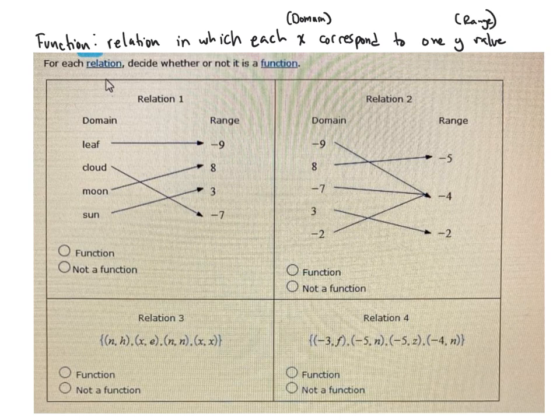And if you think about it, it could also be thought of as input and output, but for each value you put in, you want to get only one y value.